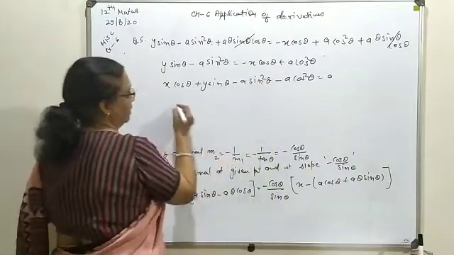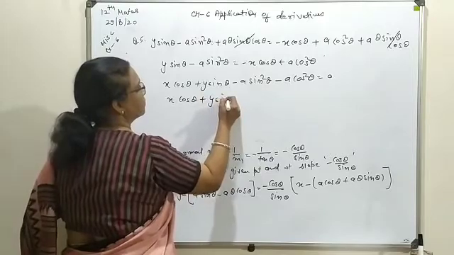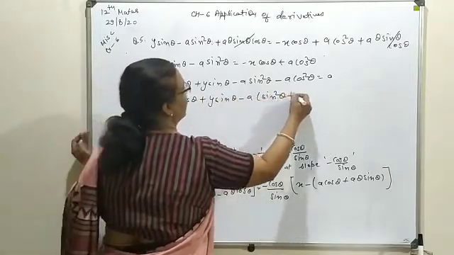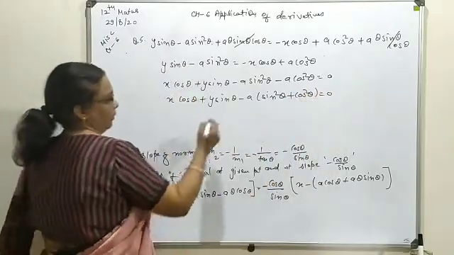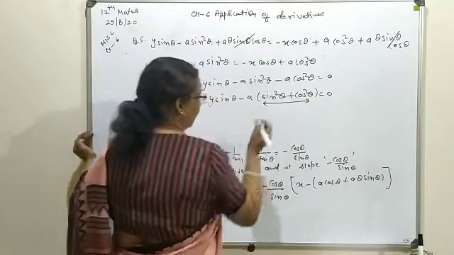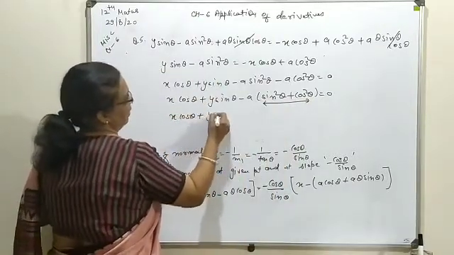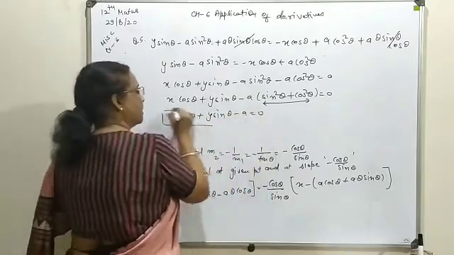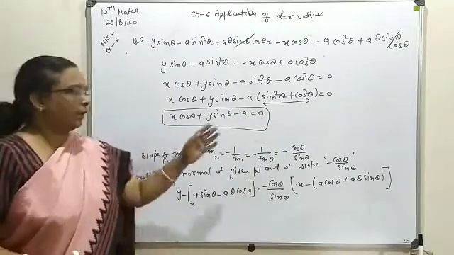Here minus a you can take common, so an identity is generated, that is sin square theta plus cos square theta, which turns to 1. This whole expression is a basic identity. So x cos of theta plus y sin of theta minus a is equal to 0. So this is the equation of the normal in the form of a straight line we have shown.